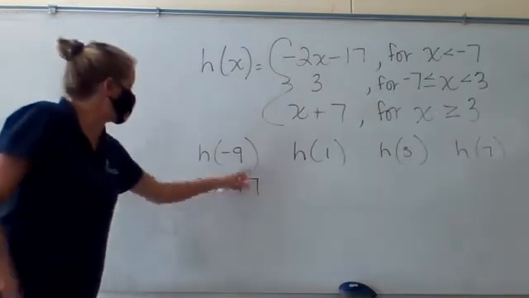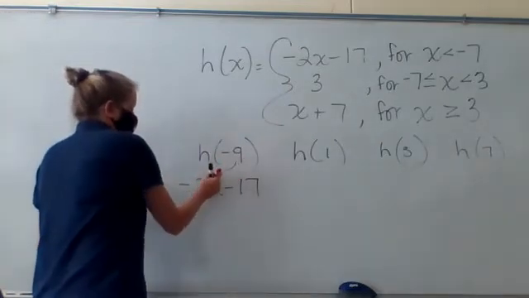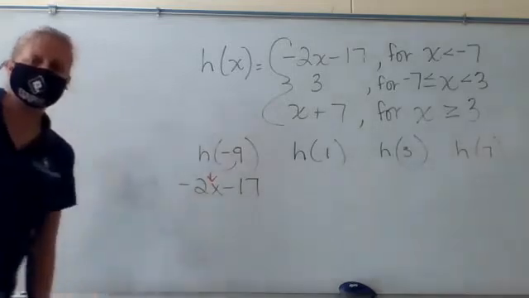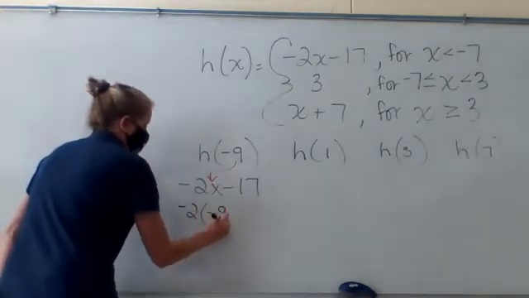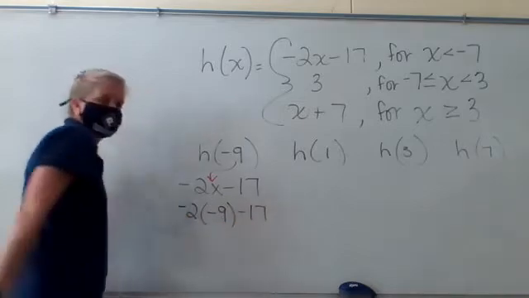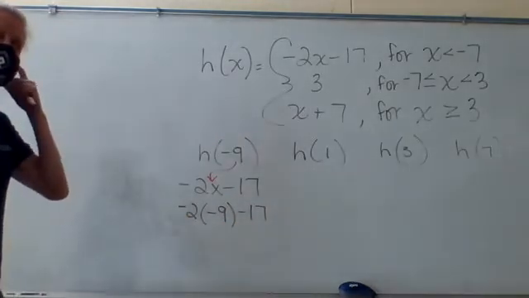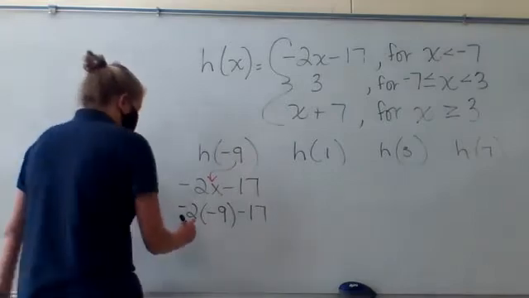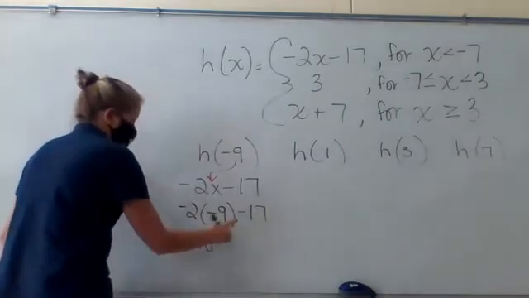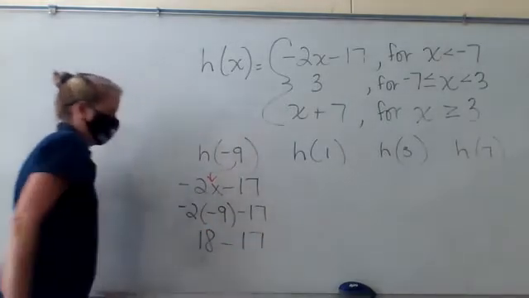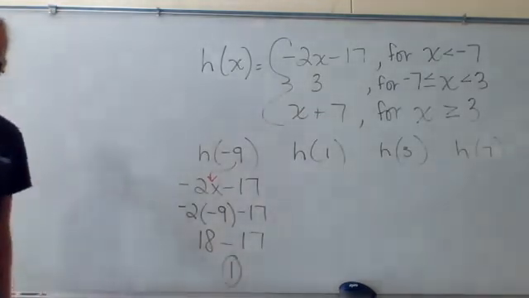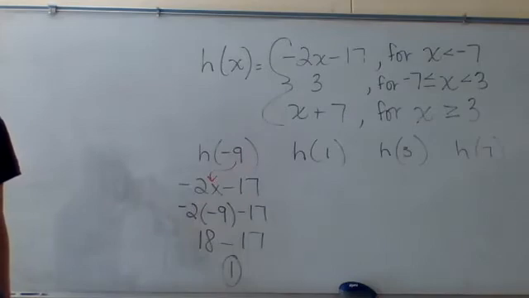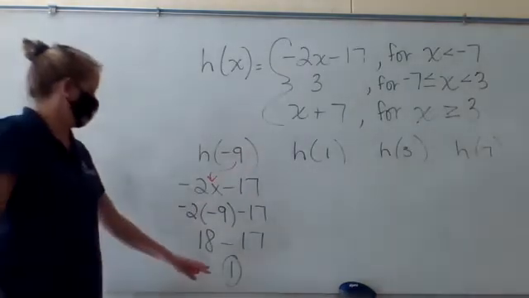Once I have the piece to plug into, whatever this number is, put it in that x. So I'll have -2 times -9 minus 17. -2 times -9 is positive 18. Bring down the minus 17, which gives you 1. So done with that part.